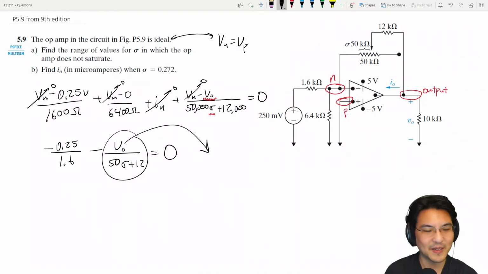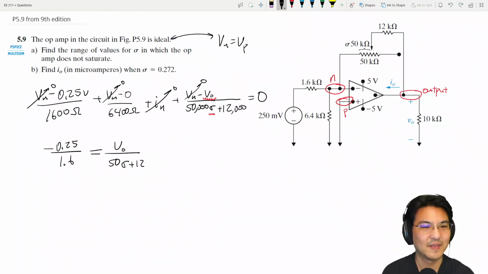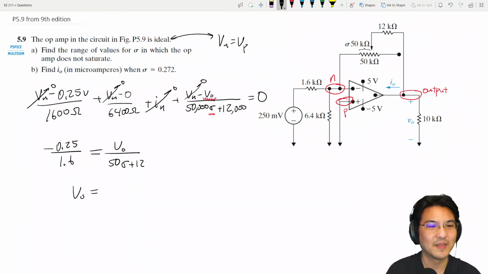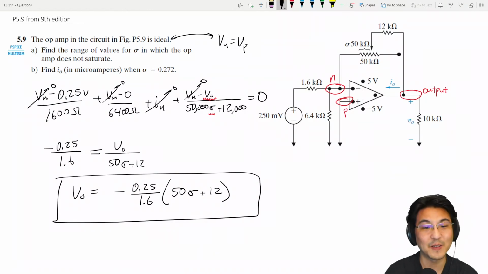I'll move this to that side, and then move this there. So Vout equals minus 0.25 over 1.6 times 50 sigma plus 12. There you go. So this is the output voltage as a function of sigma.